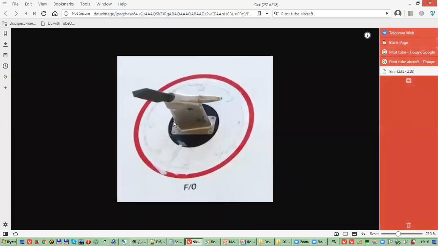I said about sensors like this. This is the speed measurement. This sensor is put on the aircraft body. They have different holes, front holes and side holes. These are the static ports and these are the full dynamic ports.